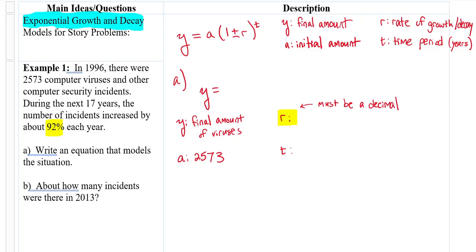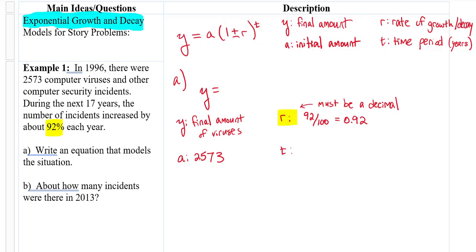So we don't want to write R as 92. If we write R as 92, we're going to get a completely wrong number in our calculations. So we have to take 92% and turn it into a decimal. Easiest way to do that is to take the percentage, divide it by 100. That will give us our decimal.